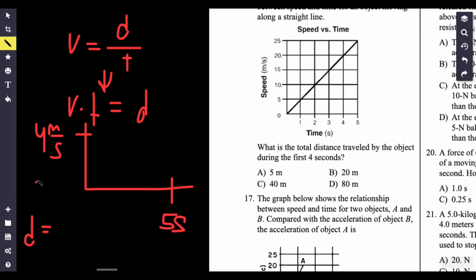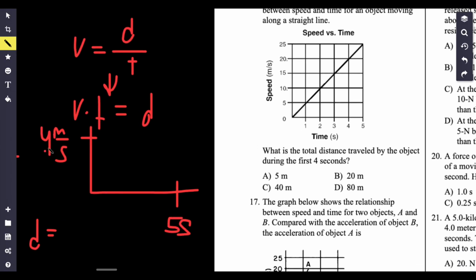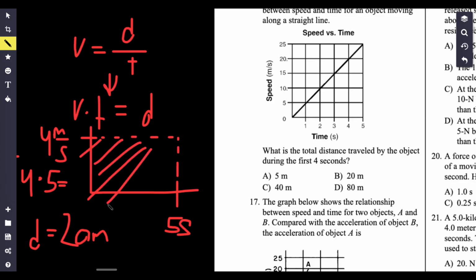Well, what do I do? I know that speed, which is 4 meters per second, multiplied by my time, 5 seconds, is going to give me a distance of 20 meters. And notice what I'm doing when I multiply speed by time: I'm essentially just calculating the area underneath this curve, right? And that's the same strategy we use here.